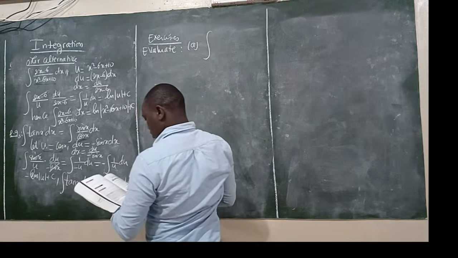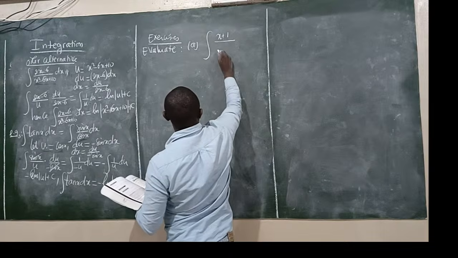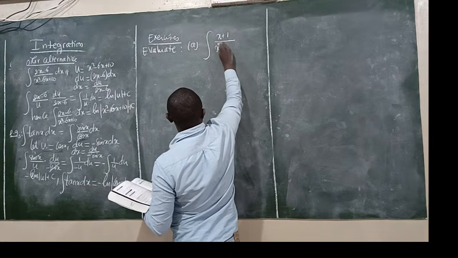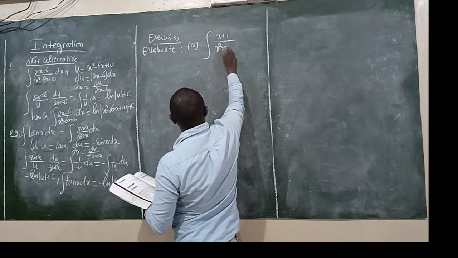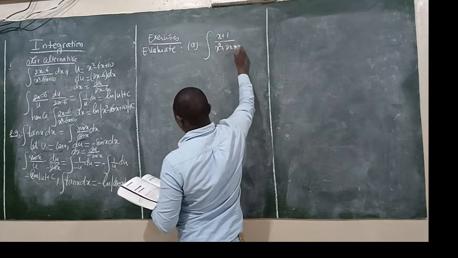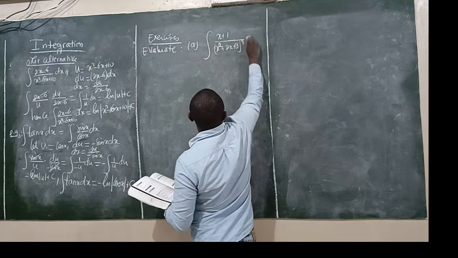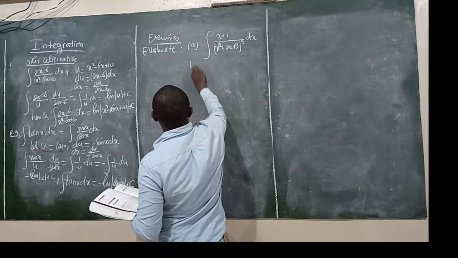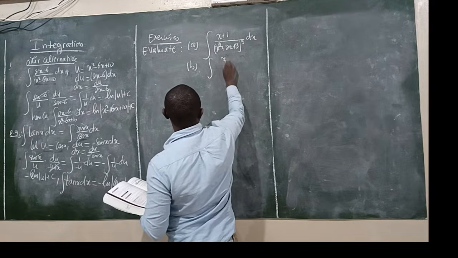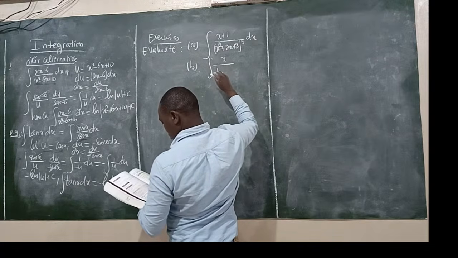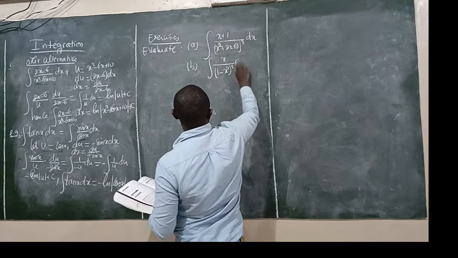A, the integral of x plus 1 divided by x squared plus 2x plus 3, all squared, dx. B is about the integral of x by the square root of 1 minus x squared dx.